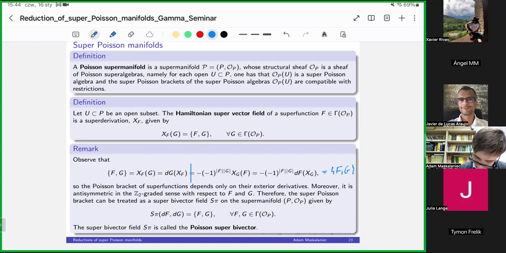So you have changed the order in which the functions f and g appear. Normally, the standard notation is that when you change the order of variables in the expression, a factor appears, and this factor is minus one to the power of the degree of f times the degree of g. This should be in the second one. And then using that, you should be able to go to the following one straightforwardly by definition.